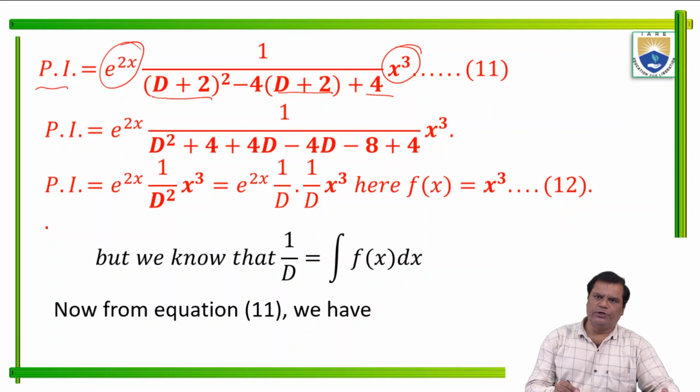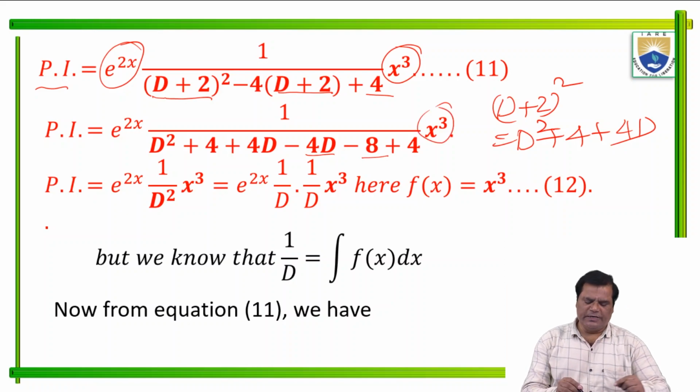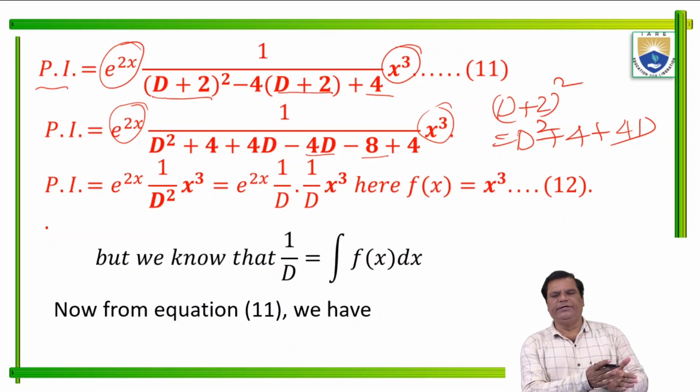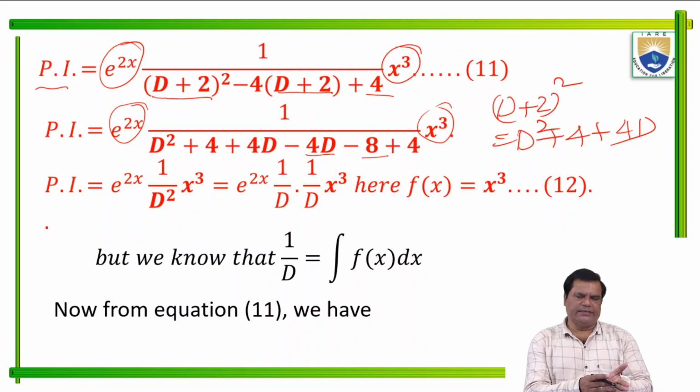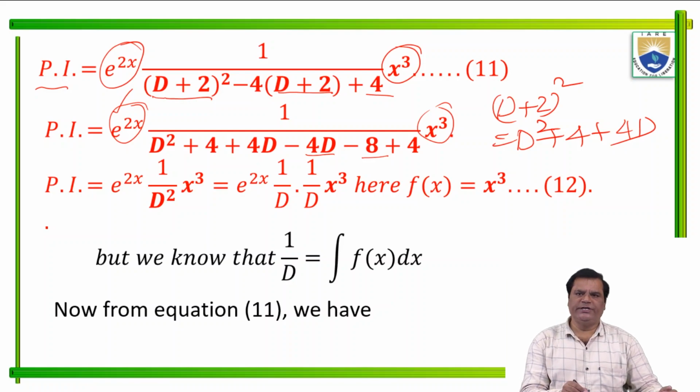Opening the whole square, (D plus 2) whole square, we apply the formula (a plus b) whole square, giving D square plus 4 plus 4D, minus 4D minus 8 plus 4, into x cube. The exponential function is outside the operator, so it goes to the answer with no change.